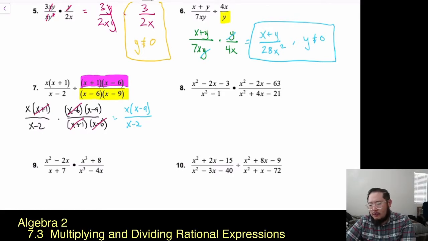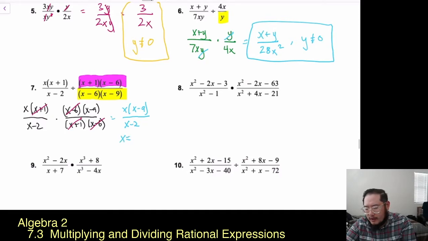But think about it, we have some restrictions here. Look at some of the binomials that I highlighted. What was once in the denominator and numerator is no longer there. For example, the x minus 6. So that tells me x cannot equal 6. It was once in the original, but not in the final answer. The x plus 1 was in the original, but not in the final answer.